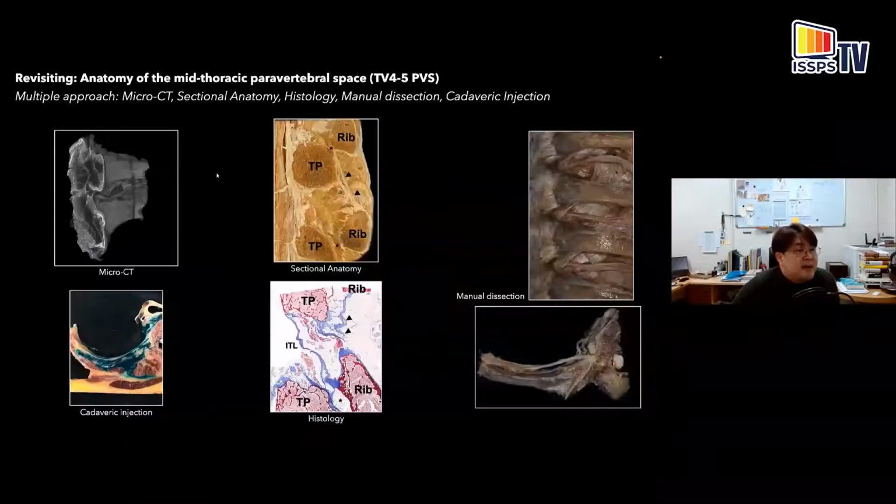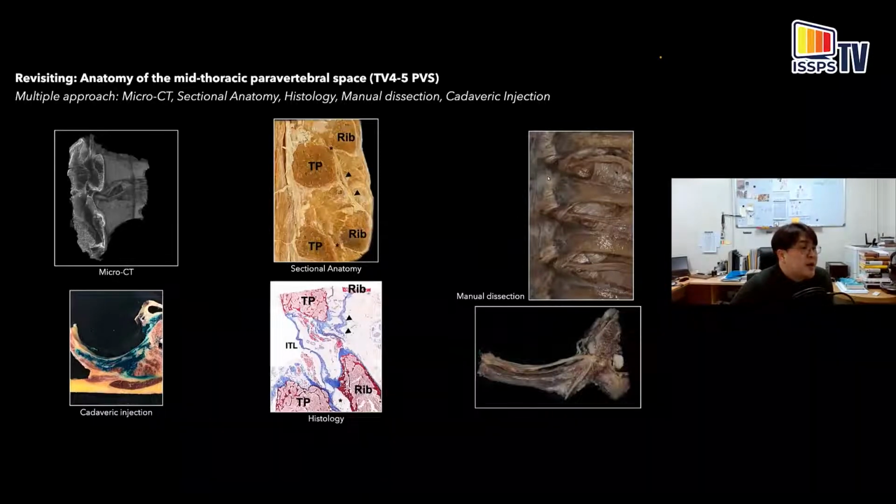Although there are many brilliant studies about the PVS anatomy, we wanted to show its anatomy more comprehensively with a multi-directional approach that can reveal proper sectional images. Also, we tried to verify detailed morphologies of these sections using histological examination.